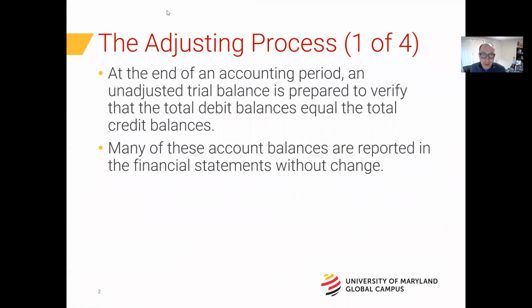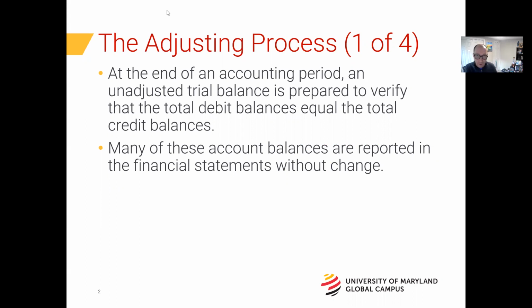As I had mentioned, the idea of adjusting entries is that we are making the journal entries for transactions that have already happened but have not yet been entered. To make those adjusting entries, we go through a process called the adjusting process.